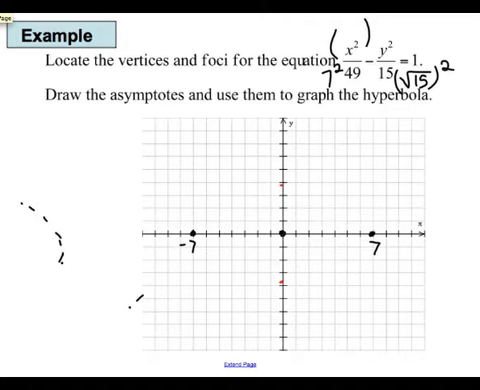What I'm going to do here is draw a box. I'm going to draw a box that is going to have the vertices on the midpoint and will be square root of 15 from the center. So this is square root of 15. That's the distance here. This box helps me draw my asymptotes.